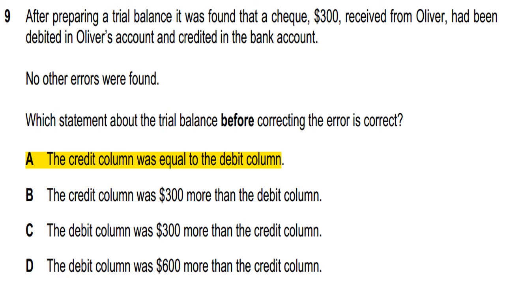Both debit and credit columns will be the same in the trial balance. So option A will be correct. Neither the debit balance will exceed nor the credit balance, and vice versa.